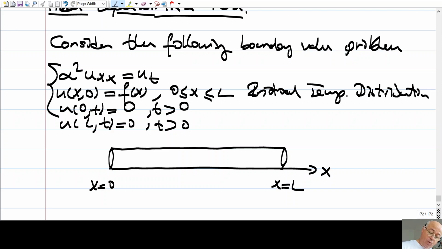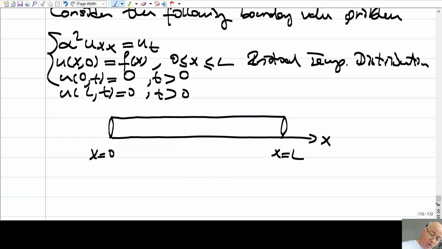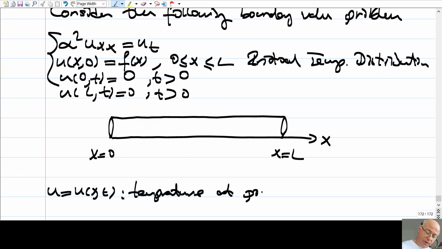And what we know is that u(x,t) is the temperature at position x at time t. So at any point x here and at time t, u(x,t) is the temperature at that point and at that time.